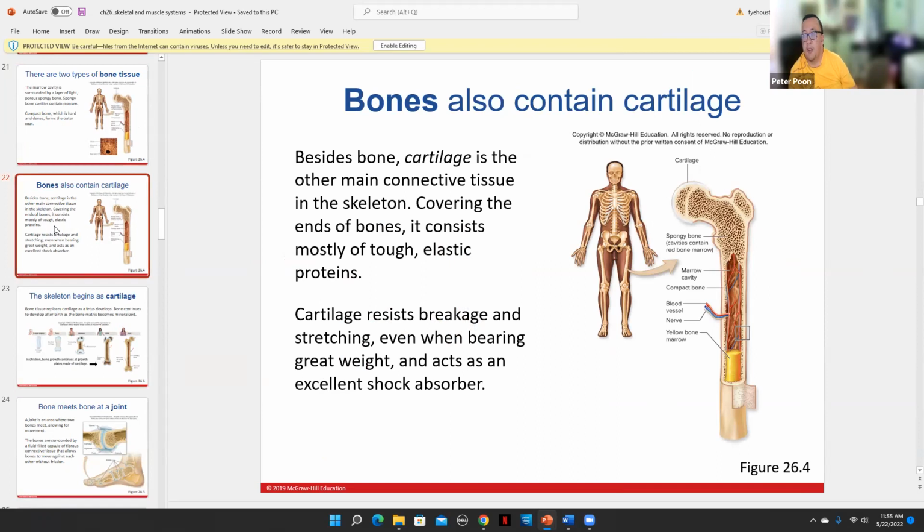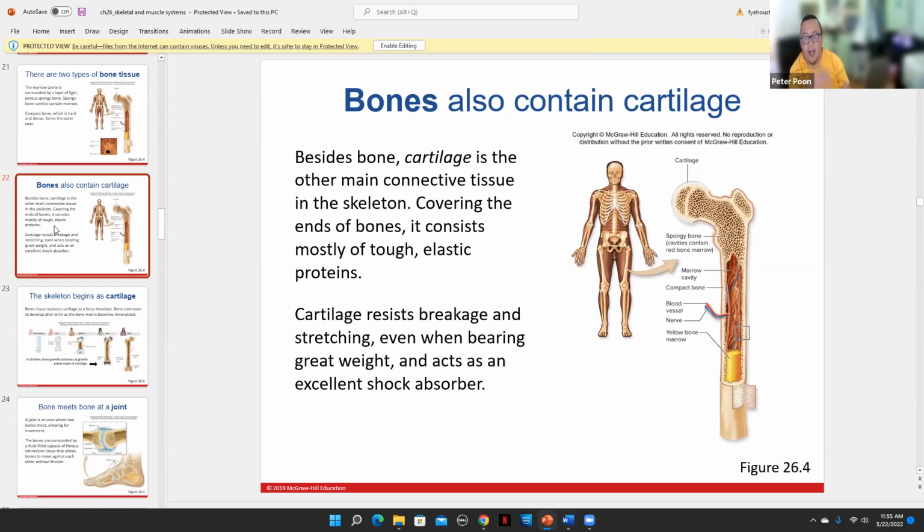Bones also contain cartilage. Cartilage is the major connective tissue in the skeleton. It covers the ends of the bones, consisting of mostly tough elastic proteins. Cartilage resists breakage and stretching, even when bearing great weight.